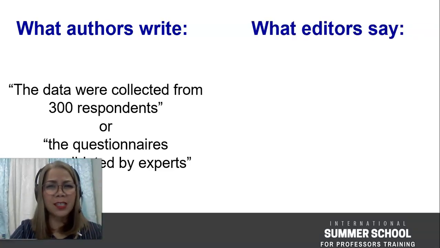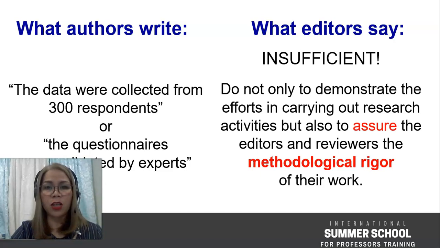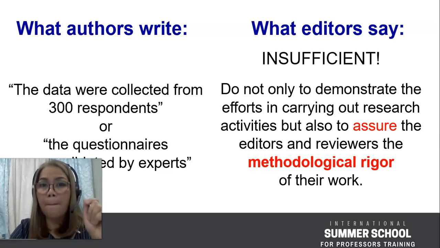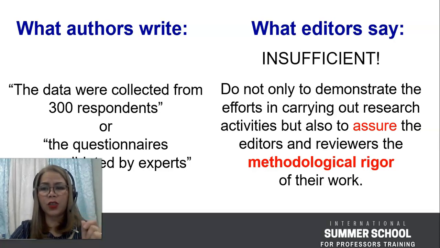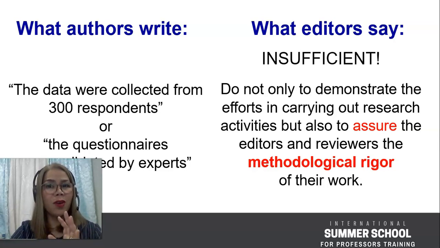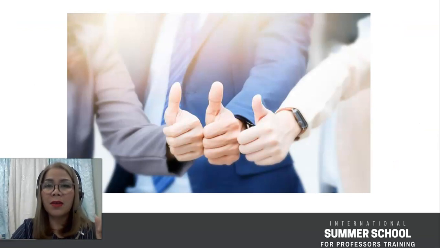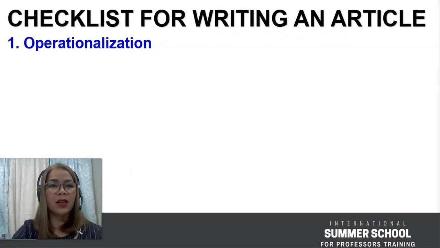They would say this is insufficient because our articles should not only demonstrate efforts in carrying out research activities, but more importantly, should assure the editors and the reviewers of the rigor of the methodology of our work. So, in this talk, I shall be discussing with you some recommendations so that our papers will be accepted.